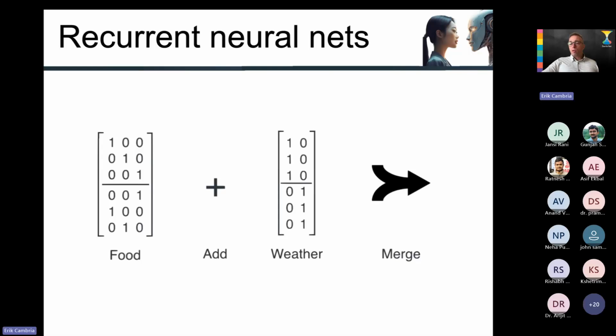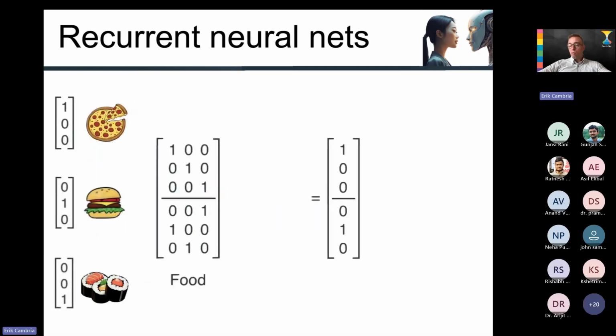So here we have to start doing a bit more complex operations, but the takeaway is that we're still just doing multiplication of matrices. I represent the food in these two halves. Why? Because I want to know what to do with the current food and the next one. But the way it works is the same as before.